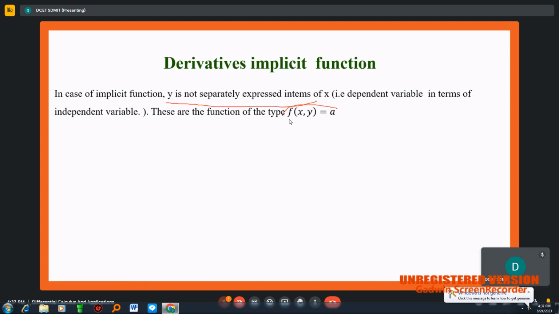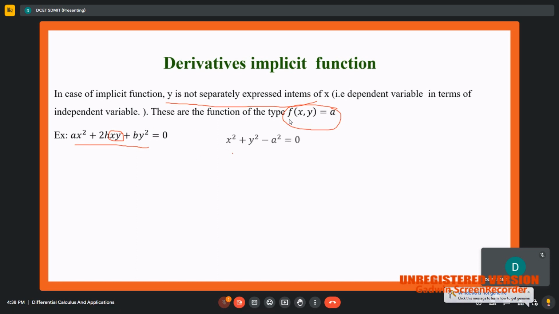That means the function is like this: f of x, y is equal to a. For example, see here, ax square plus 2hxy plus by square equal to 0. X and y are not defined separately here. Correct? Y is not separately expressed in terms of x.